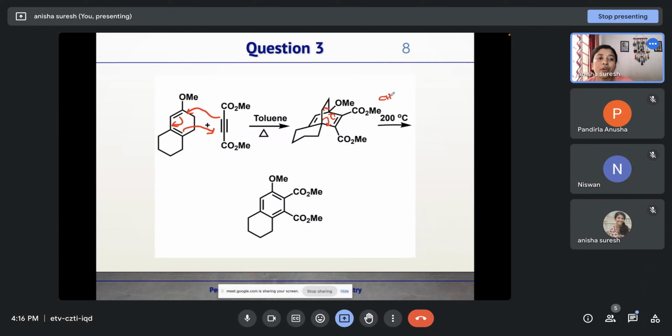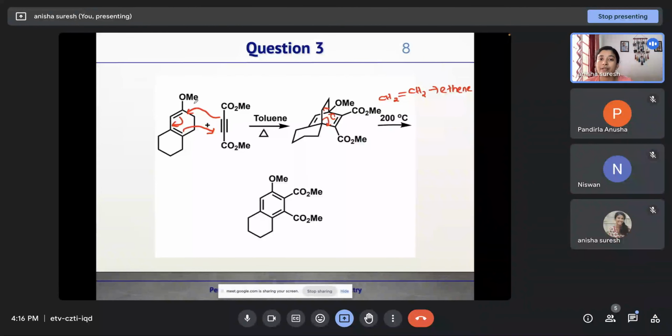CH2 double bond CH2, that is an ethene molecule, will be leaving at 200 degrees Celsius, and this system will get aromatized. That aromatization might be the driving force for this reaction.